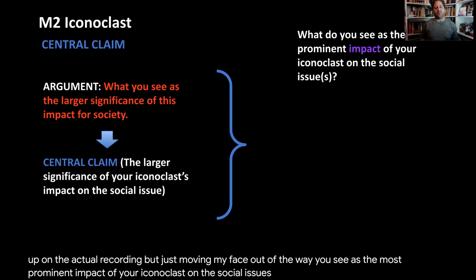It shows that nonviolence and determination are the essential ingredients for effective social change. So I have a feeling that the social issue here is really about social change and activism and how to effectively achieve that. In some sense, that's the larger social issue they're talking about with Gandhi.